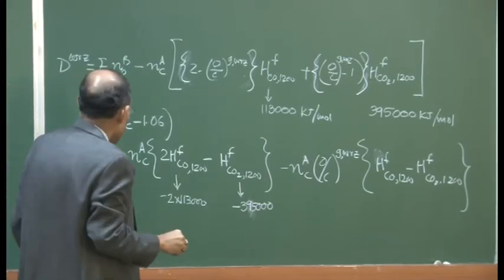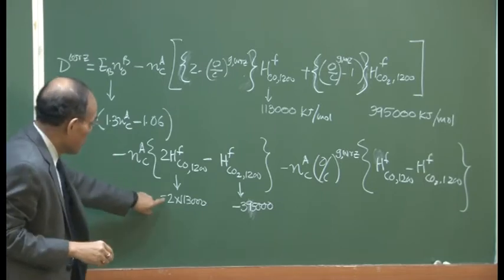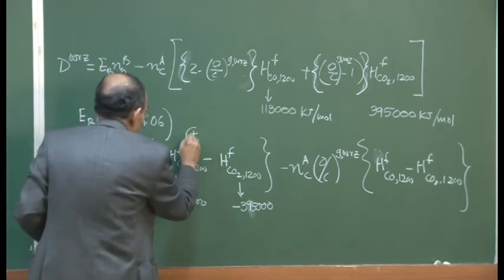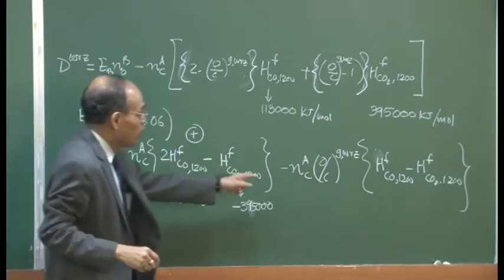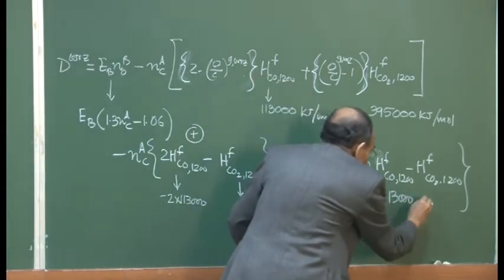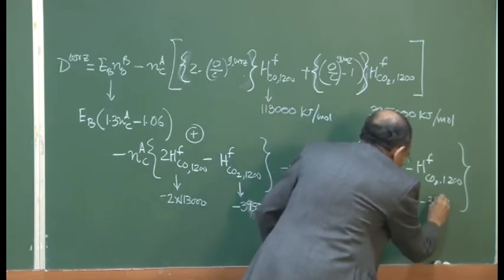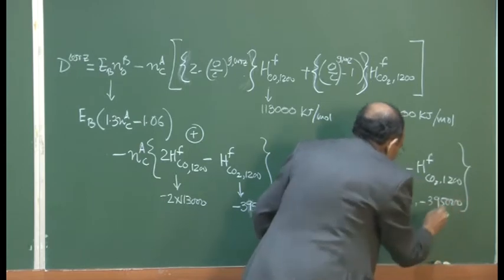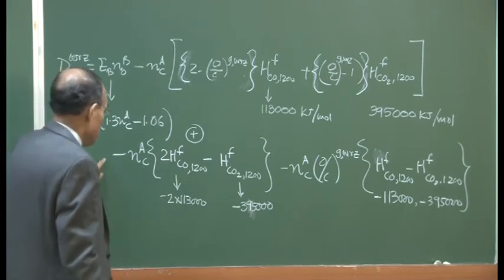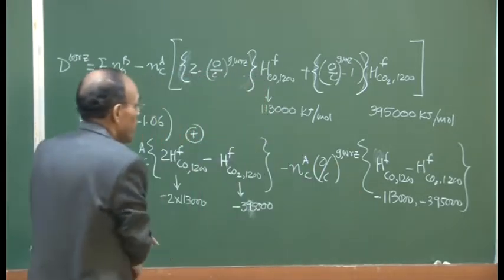Okay? And therefore, when I do this, then what I am going to get here is, this is a positive sign. So, the net term will come out to be a positive quantity here. Okay? On the other hand, if we do this here, 113,000 minus and minus this, so 395,000, and we open up the bracket. So, what we are going to get here is this term also as a positive term.